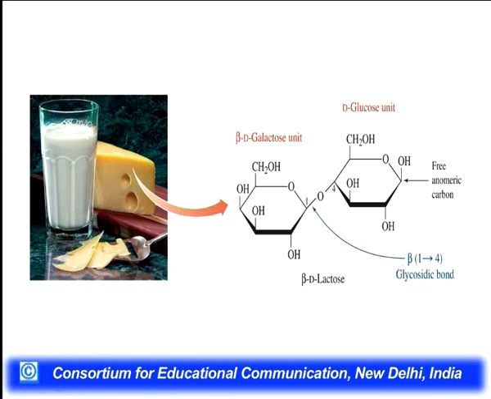So what I have again shown here is that we have a 1,4 bond, and this linkage is a beta linkage, and the anomeric carbon is free here, hence it is going to act like a reducing sugar.